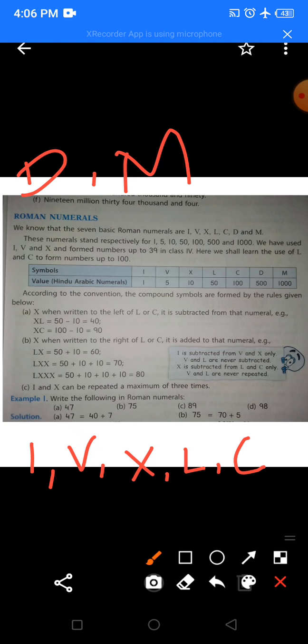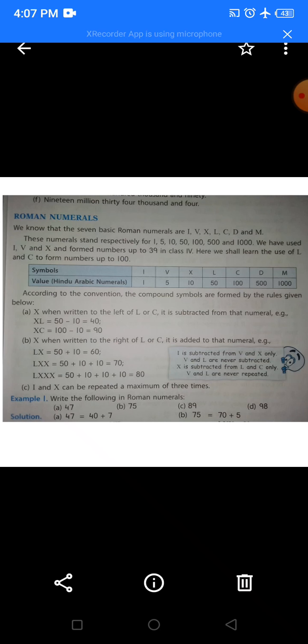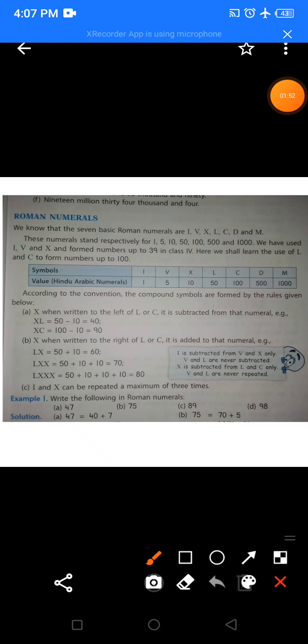Now these numbers stand respectively for 1, 5, 10, 50, 100, 500 and 1000, as I have told you before. We used 1, 5 and 10 and formed numbers up to 39 in class 4. Now, from class 5 we will learn the use of 50 to 100.